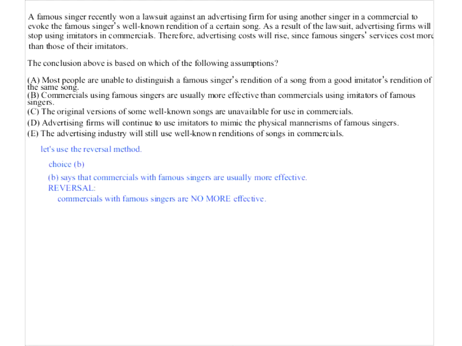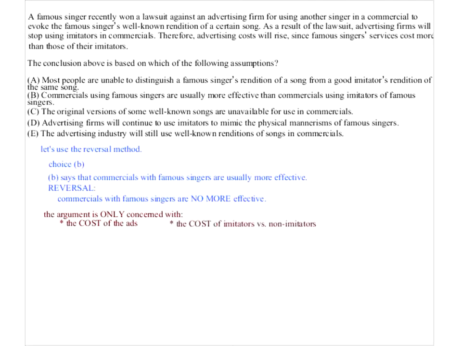Okay, the argument is only concerned with the cost of the ads, and then also use of imitators versus not use of imitators, like the cost of imitators versus non-imitators.